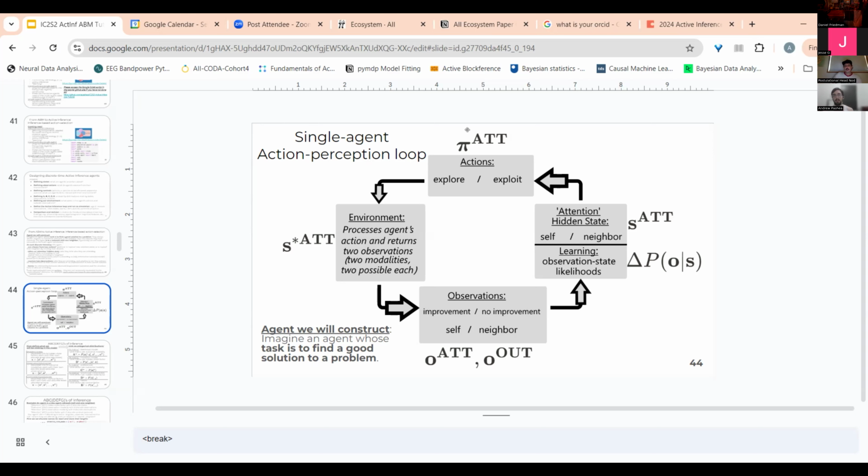Now, I've already discussed these three squares, these three nodes of this graph here. That's all you need for an agent. The only thing I've left out is the environment. For a programmer, you can think, oh, if I set up an agent who has observations and a hidden state to infer and then actions, that just gets hooked up with the environment.